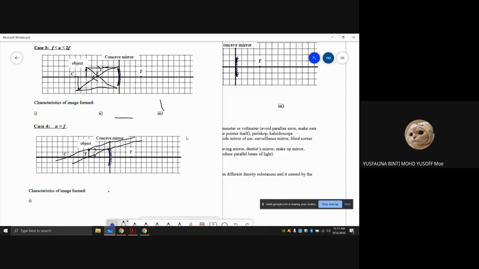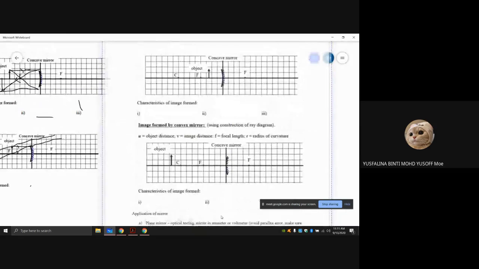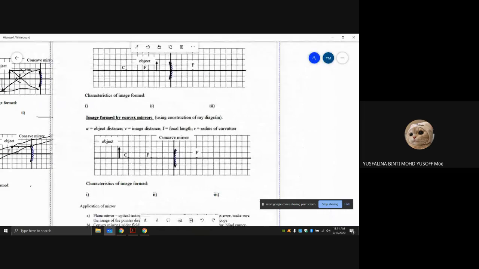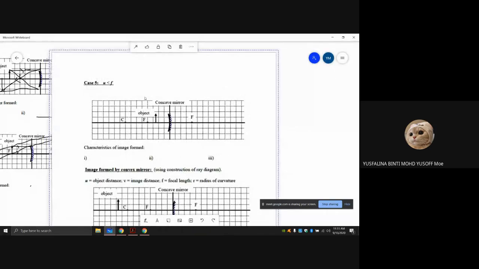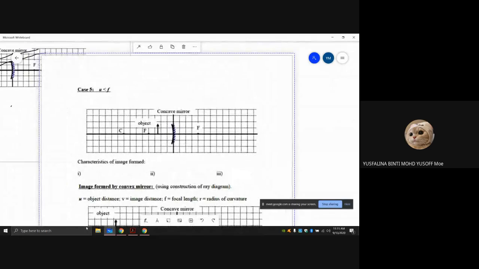Right, next one. What if the object is smaller than F, meaning it is situated before the F? The object is before the F. Same way, you have to draw it.